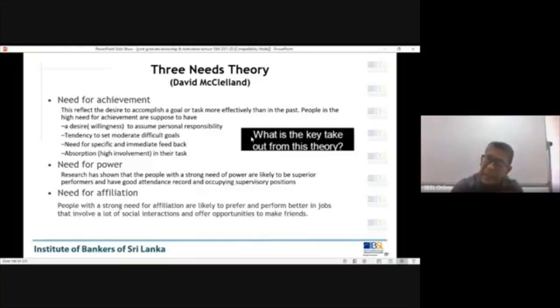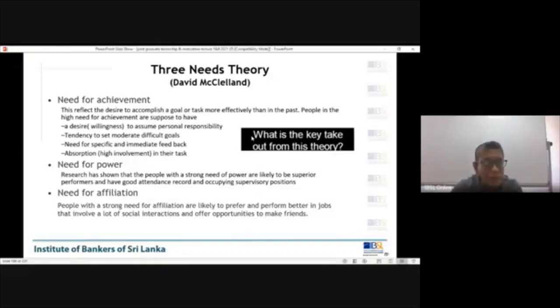David McClelland identified that every person has three types of needs, and they try to fulfill these needs. One is achievement needs, the other is power needs, and the third is affiliation.